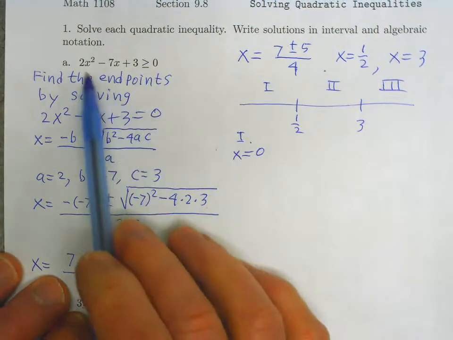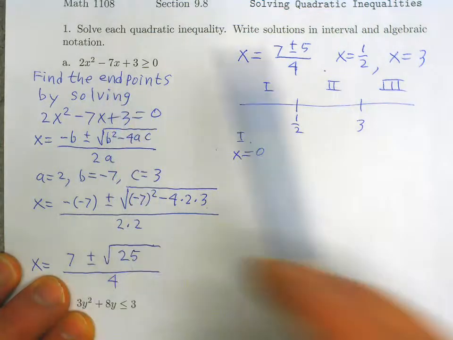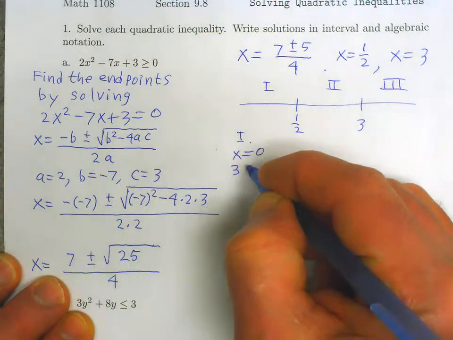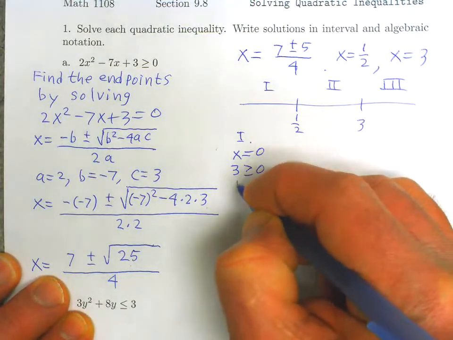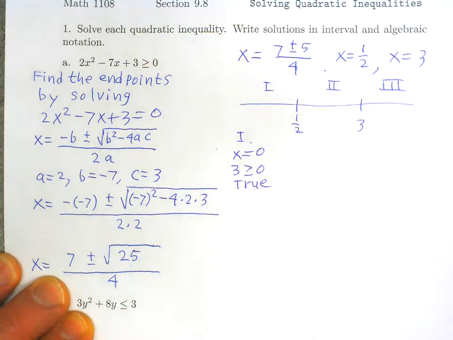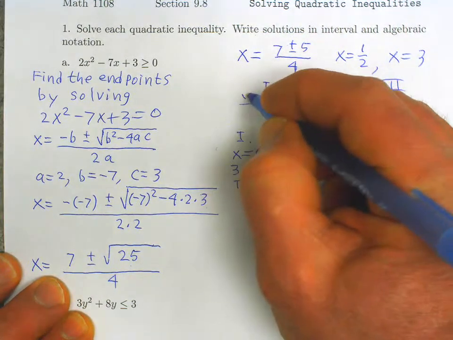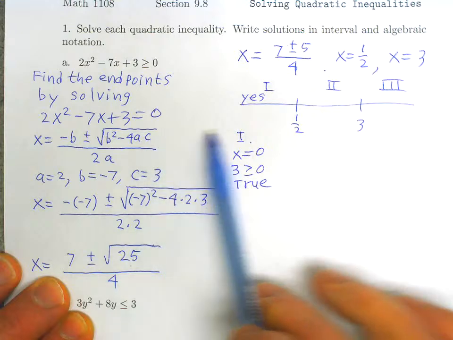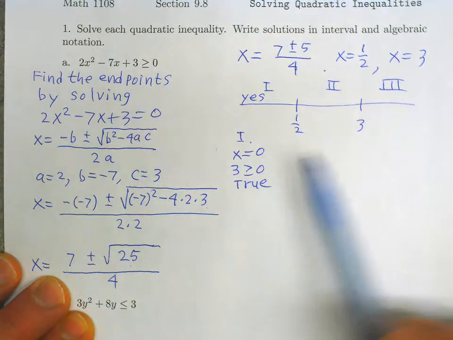And if you replace every x with 0, we're just left with 3 is greater than or equal to 0. So that's true. So that means all of the numbers from negative infinity up to 1/2 are solutions.